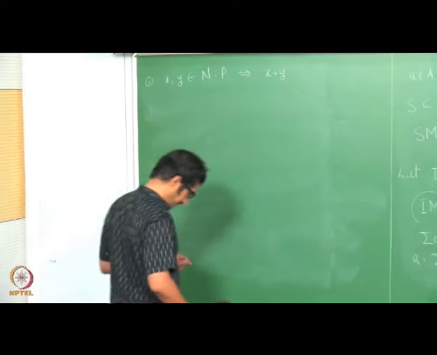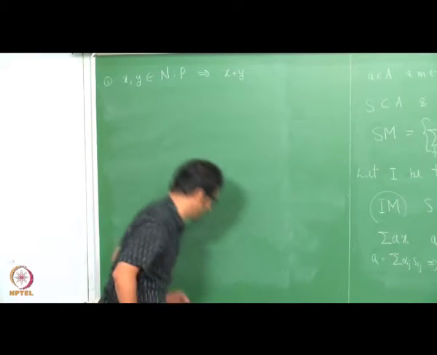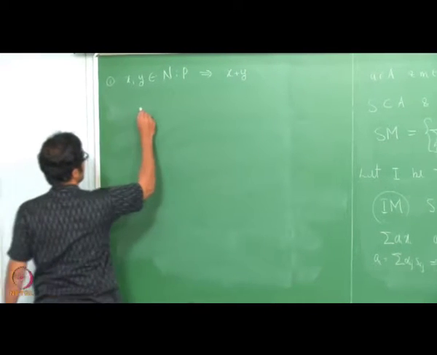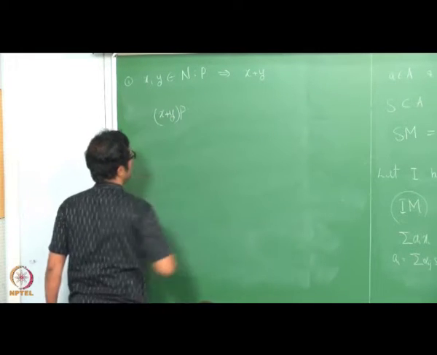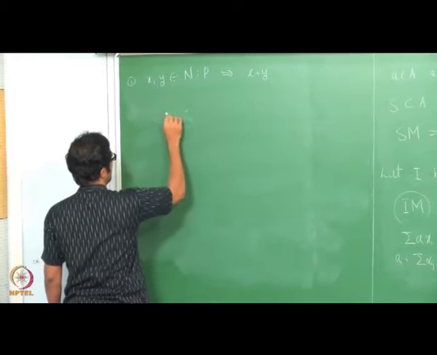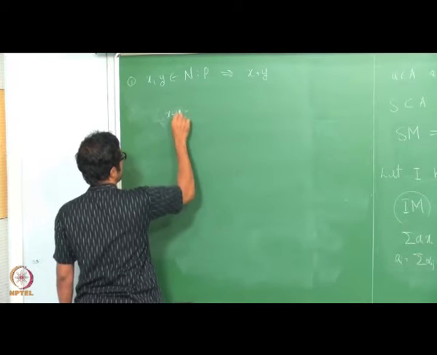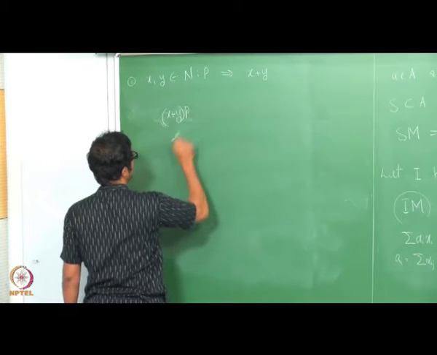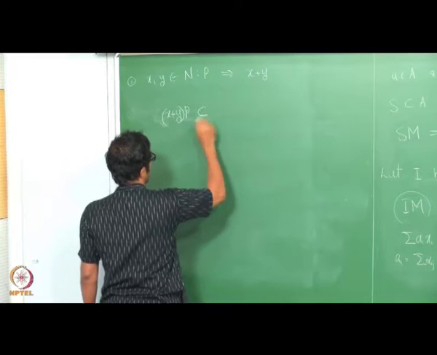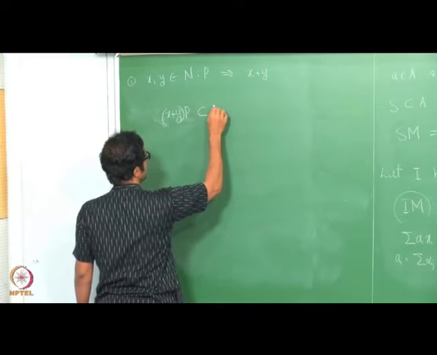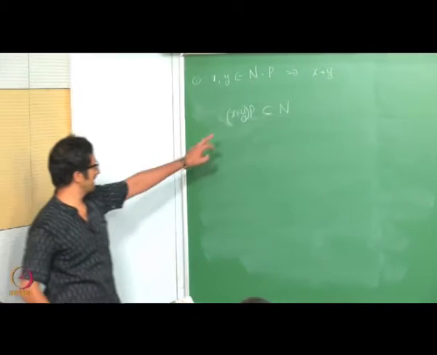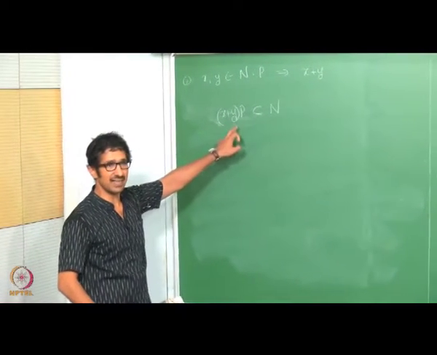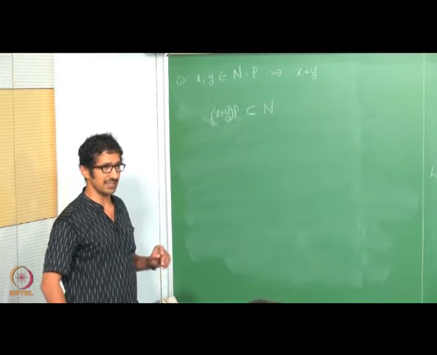So, here one should note that our aim is to see whether (x plus y)p is contained in n. What we know is that xp is contained in n and yp is contained in n.